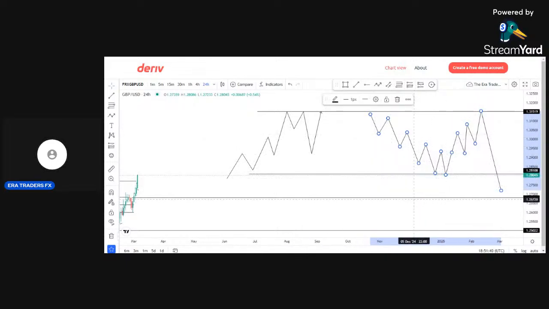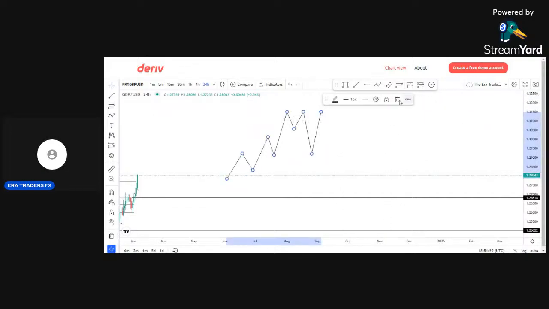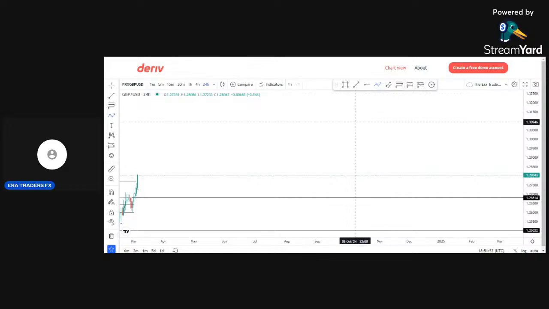All right. Also, relatively equal highs. When I say relatively equal highs, it's not really clear, but you have something that's like equal, relatively equal highs, something like this. It's not really equal, but they are relatively equal.